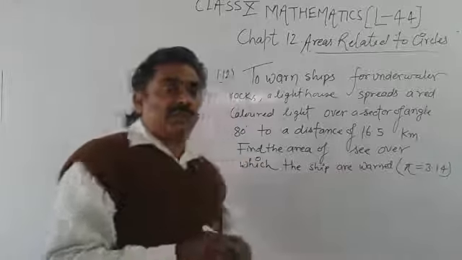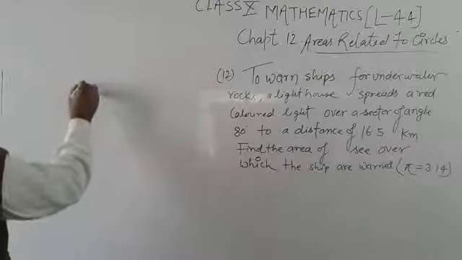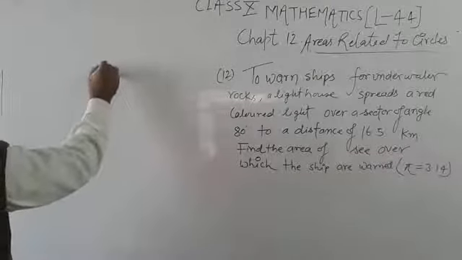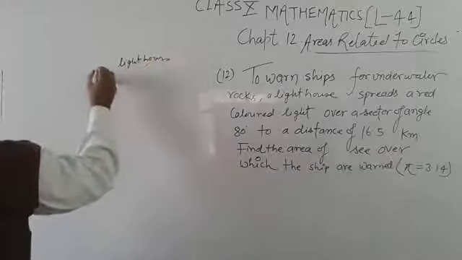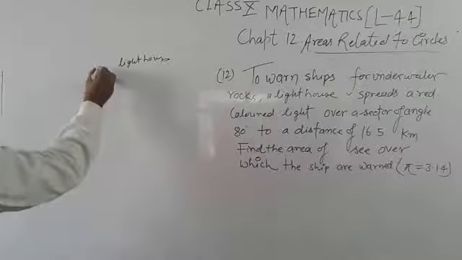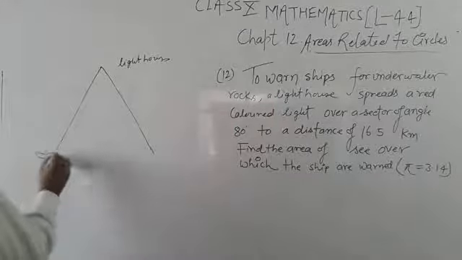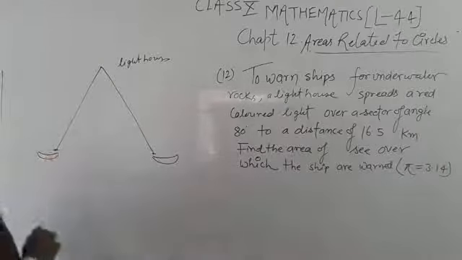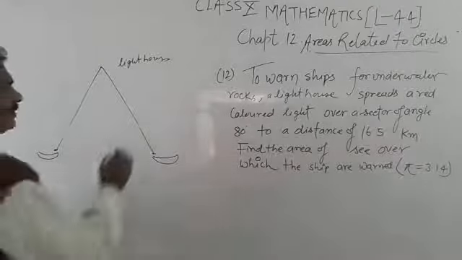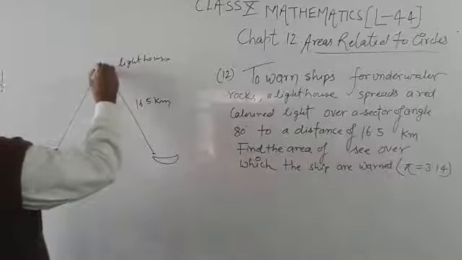Students, ships are warned from a lighthouse. Suppose students, here there is a lighthouse, and from this lighthouse 2 ships are warned. These are 2 ships which are at a distance of 16.5 kilometer from this lighthouse.